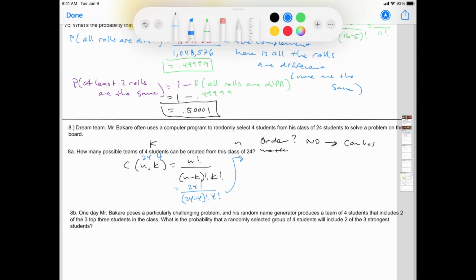So this would be 24, 23, 22, 21, 20 dot dot dot. That one's going to be 20 factorial. And then you have the 4 factorial. Again, those will all cancel. And we will get 10,626 different teams.